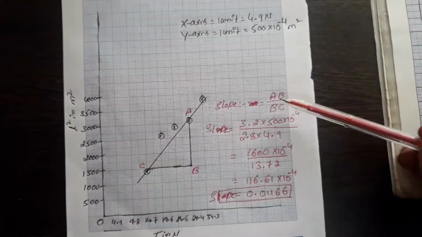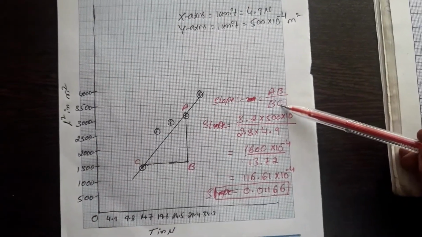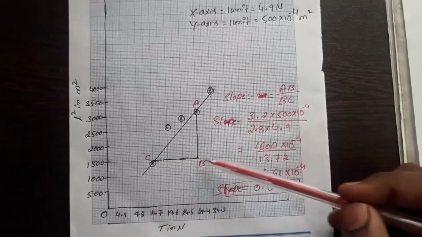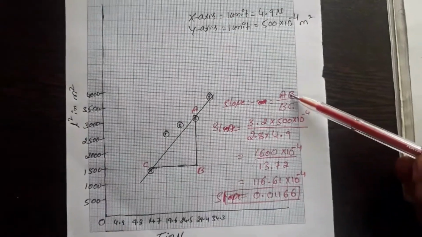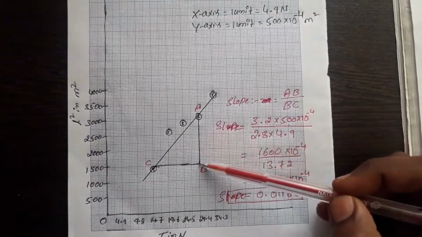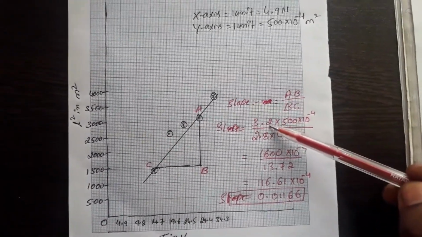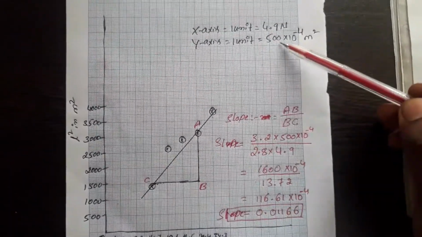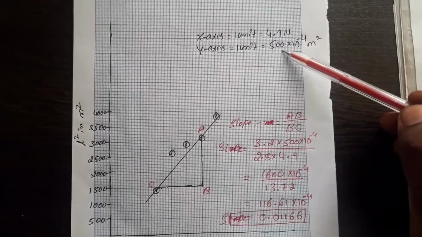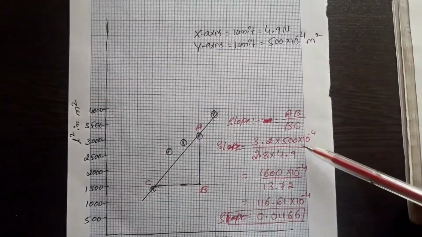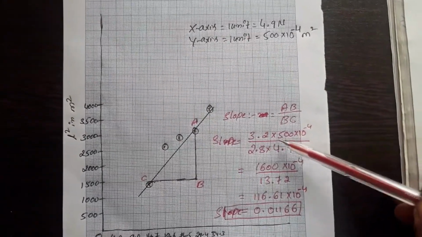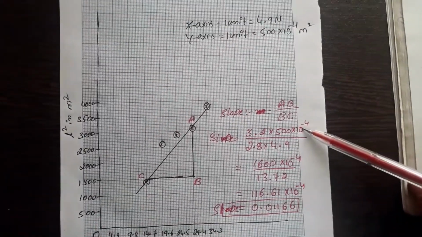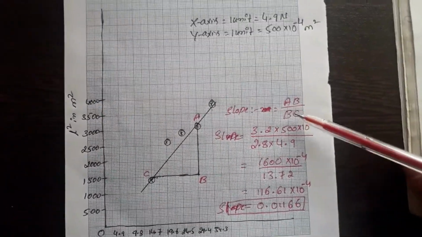The slope is equal to AB by BC, y-axis by x-axis. What is the length of AB? AB length is 3.2, and AB is in the y-axis, where the scale is 500 into 10 power minus 4. Substitute here: 3.2 into 500 into 10 power minus 4, divided by BC.